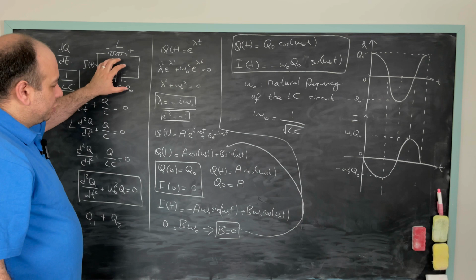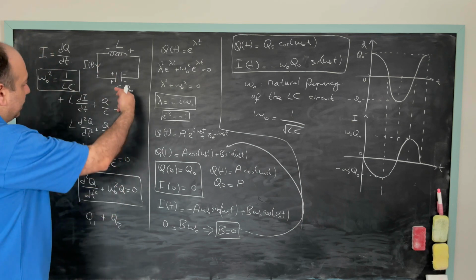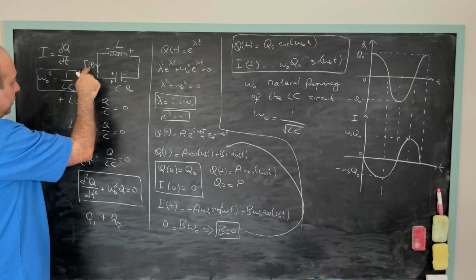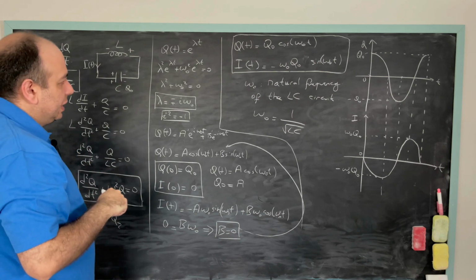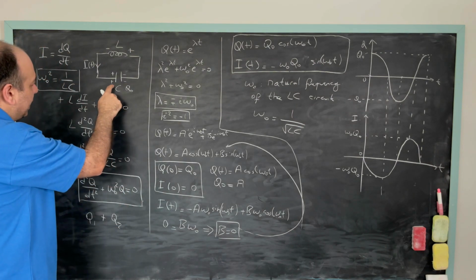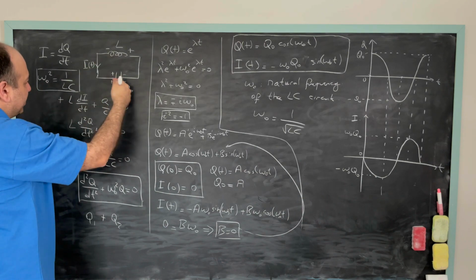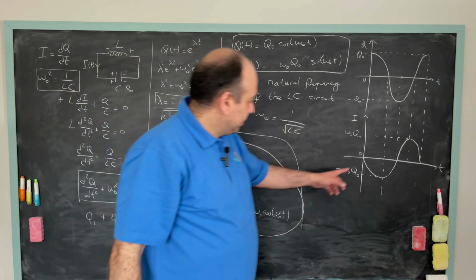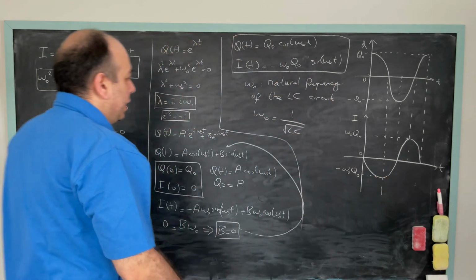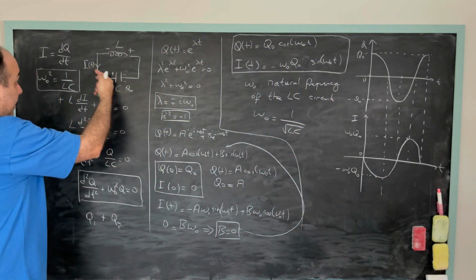And then the current in the circuit is 0. So this was the direction of the current I chose initially. So if the capacitor is charged like that, the initial current would be running in the opposite direction, right? So that's why it's increasing in the negative.